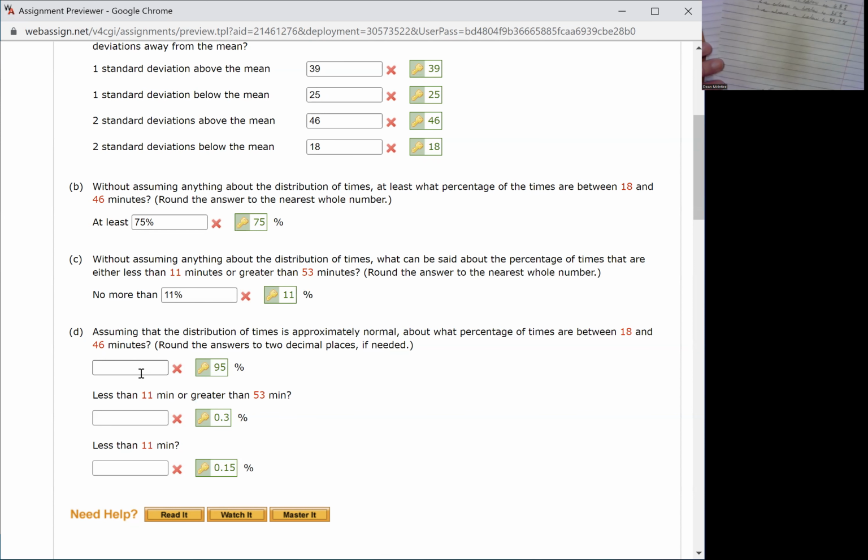So the first one is 18 and 46. So I guess that's 14 here and 14 here. Let's go to document camera so you can see it better. Okay, so we have that so far.